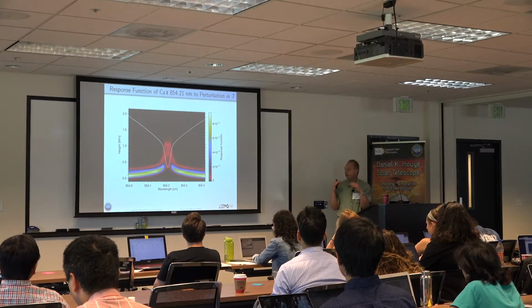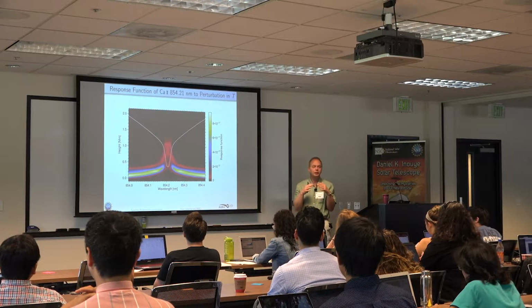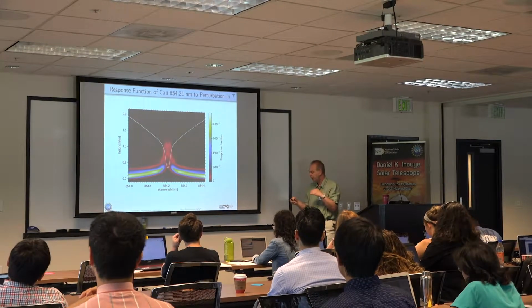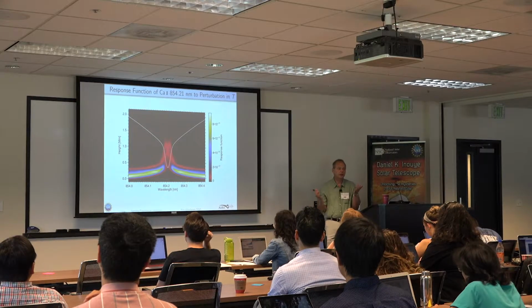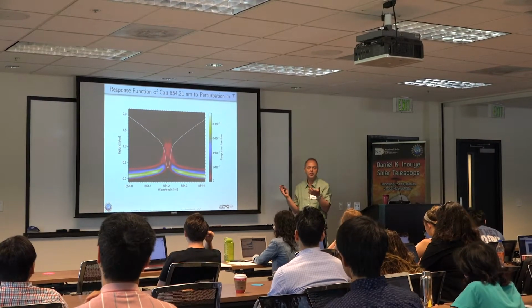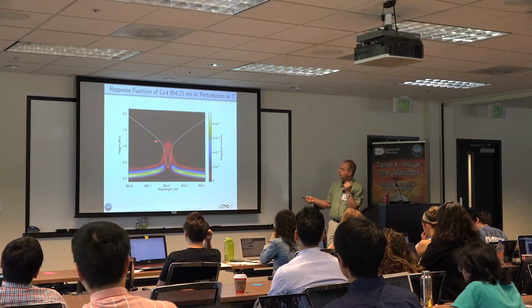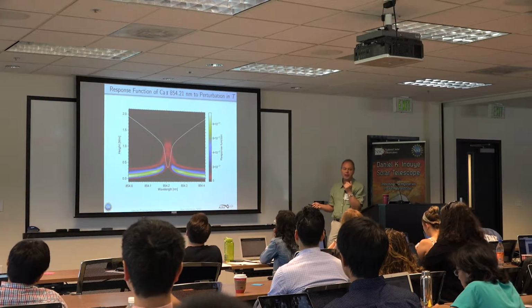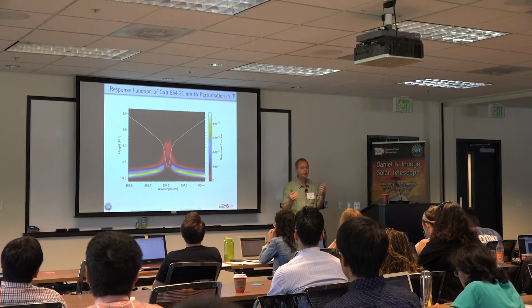So the response function really is a map that tells me how I have to change the atmosphere to change the emergent intensity. This is all black here. That means that I can change the temperature to whatever I like, but the intensity will not change, because the line is not sensitive to that height at that wavelength. You also see that most of the sensitivity in the line core, in this case, comes from a higher layer in the chromosphere. And that's why this is called a chromospheric line, because it is sensitive to properties of the chromosphere.